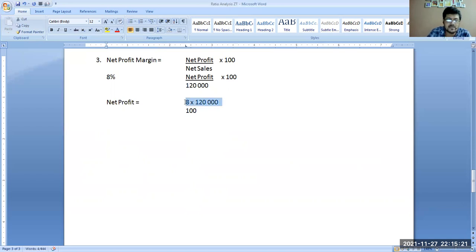Sometimes, as I told you, we don't need to use the formula directly as given, but we have to set the formula to find something else in the formula. So 8 multiplied by 120,000 divided by 100. So 9,600 is your net profit. Getting my point clear?